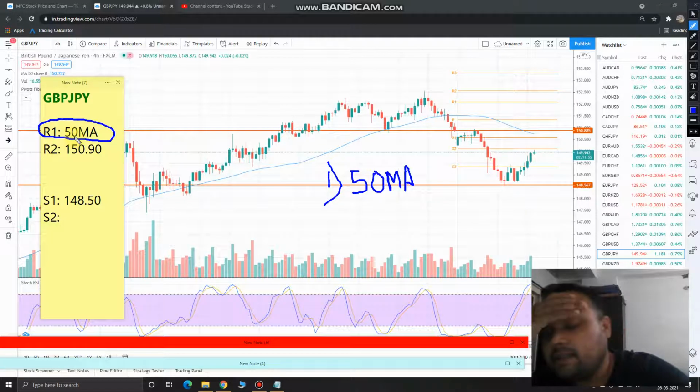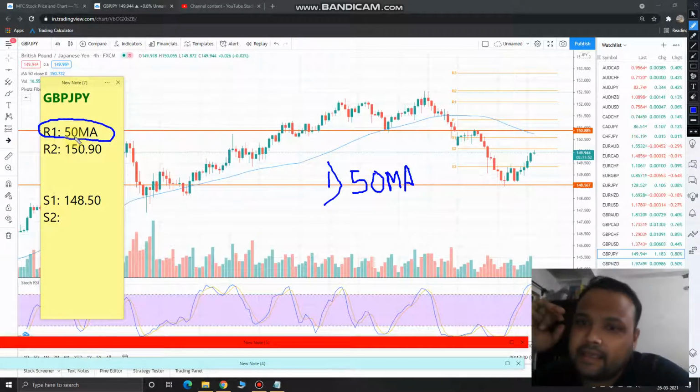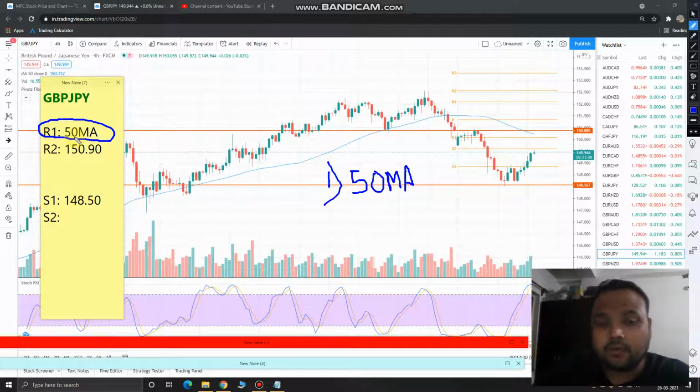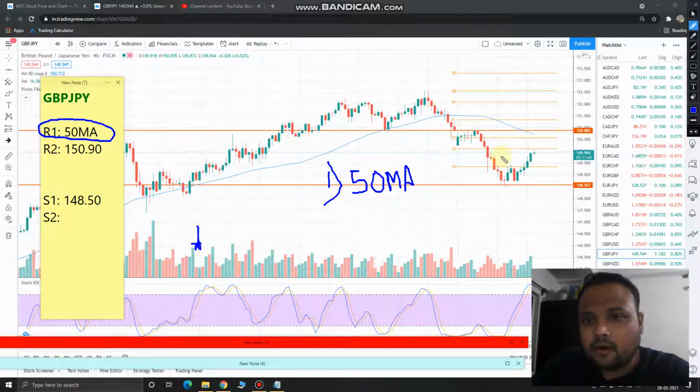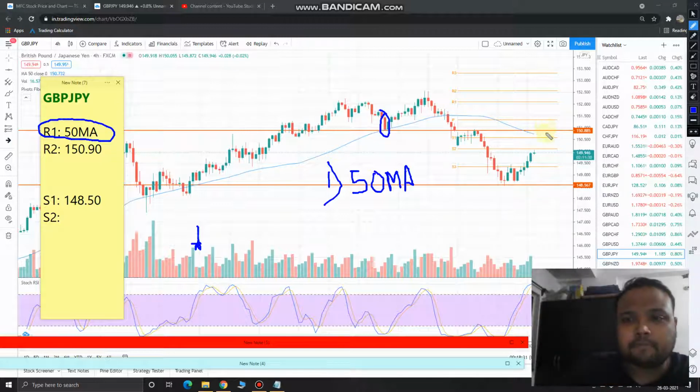If at the 50 moving average you see that price is struggling, and you get some reversal signs like this, or a shooting star kind of pattern, or price rejection from above, or a bearish engulfing pattern, or a big fat red candle like this, once you get the confirmation, then you can short the market at the 50 moving average.